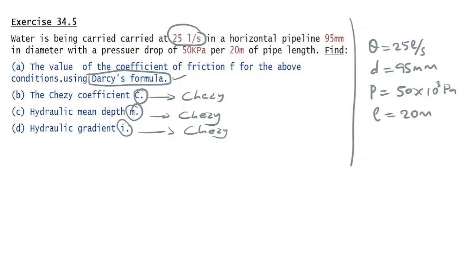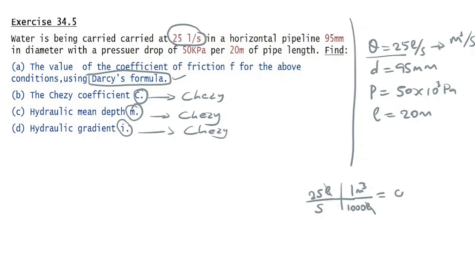Then let us convert this flow rate into cubic meter per second. It is 25 liter per second. Then 1000 liter is equal to 1 cubic meter, so the liter cancel.